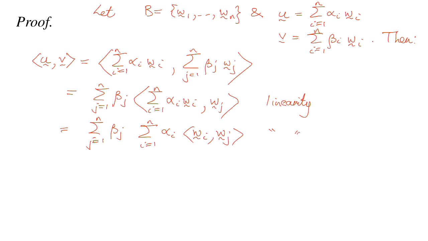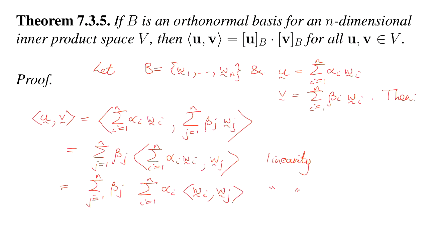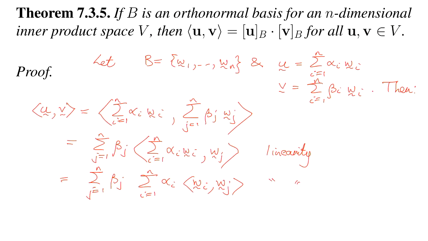And now, the inner product of wi and wj, what is it? 0 if they're not equal. Yep. What else do I know? If they're equal, then it's the magnitude squared. And in particular, this set is orthonormal. So what's the magnitude? 1, right?